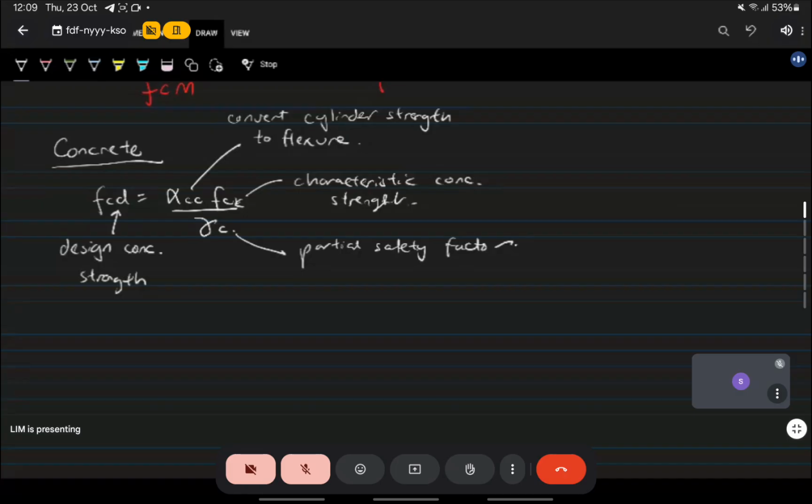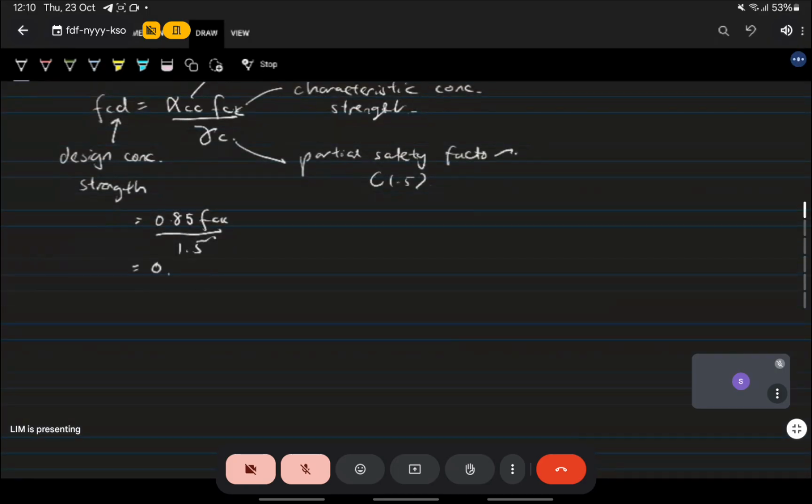Okay. Now, alpha CC, to convert to flexure, we use 0.85. The partial safety factor, 1.5. I've gone through this last week with you already. So basically what you get is 0.85 FCK over 1.5.